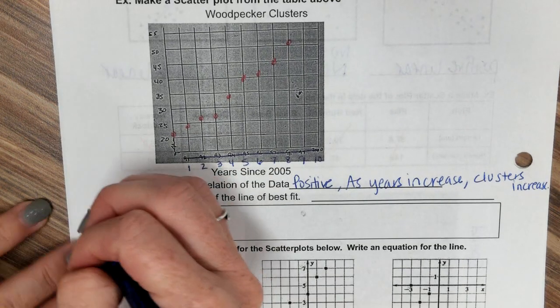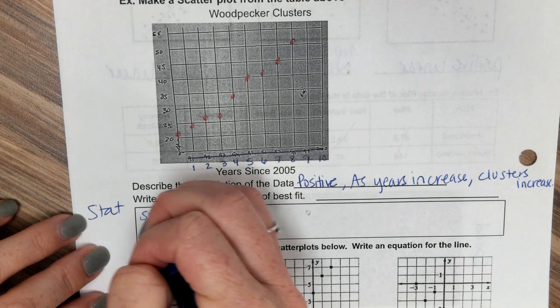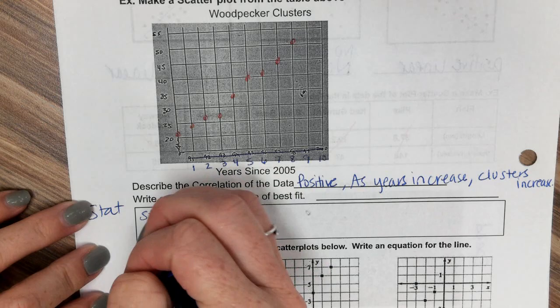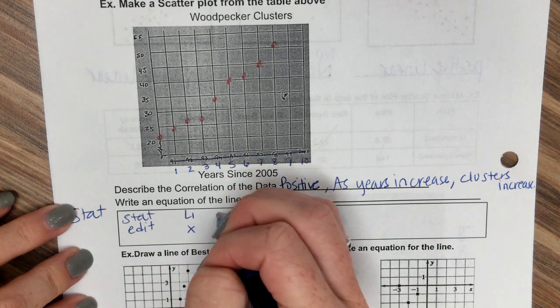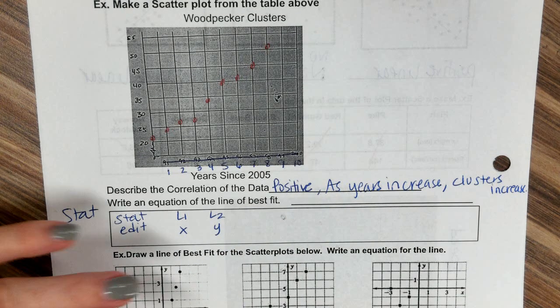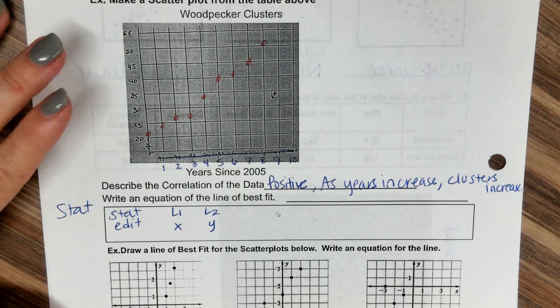Okay? So what you're going to do is go to STAT. So write your steps. You're going to go to STAT Edit. You're going to put L1 for your X's, L2 for your Y's, but you have to use every single coordinate that's given to you. Okay? And then you're going to do exactly what we've already been doing.